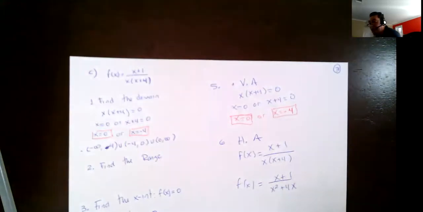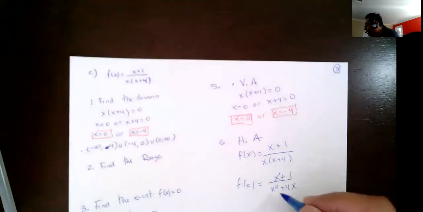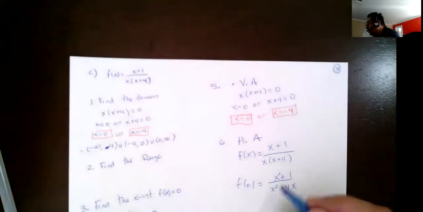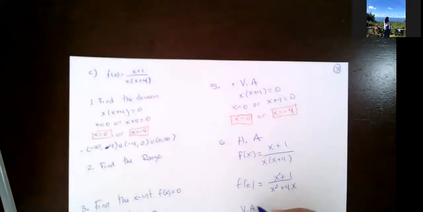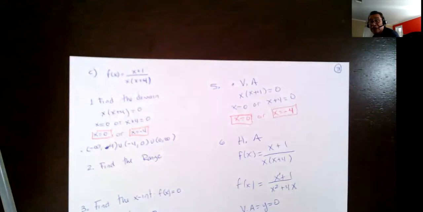Now you can compare the degrees. The degree in the numerator is 1, the degree in the denominator is 2. The degree in the denominator is larger than the degree of the numerator. Going back to the rules that we learned, that would be rule number 1. That means the horizontal asymptote is y equals 0.